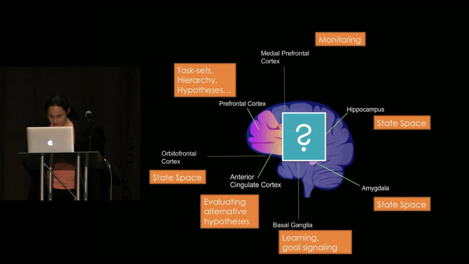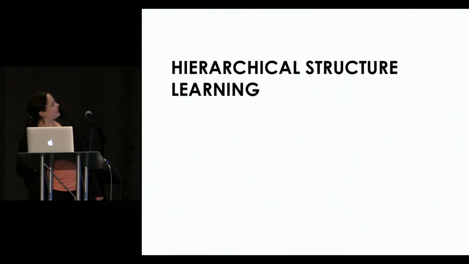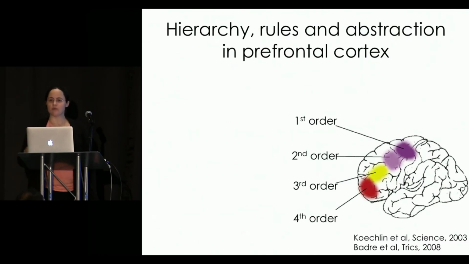Now I have 5 minutes. I need to decide what I skip. So I'd just like to talk quickly about this. There's been much work pointing to the fact that lateral prefrontal cortex probably represents a hierarchy of abstraction with a posterior to anterior gradient.